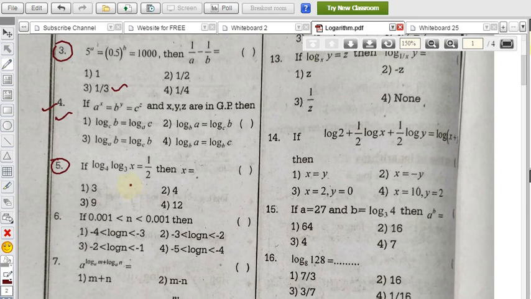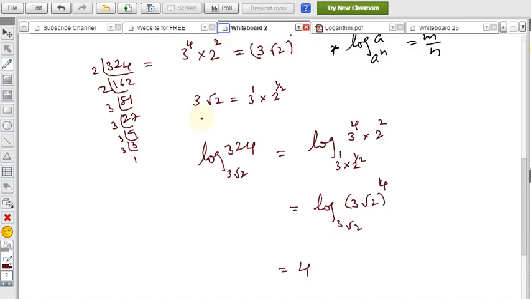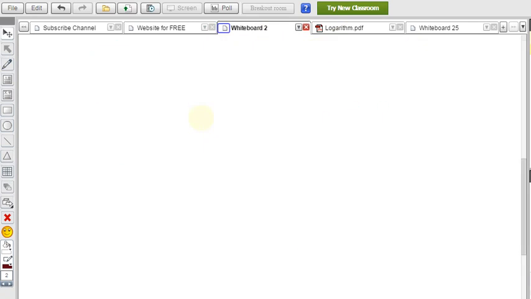If log 4 of log x to the base 3 is equals to 1 by 2, then x is equal to dash. Fifth one. So let me write the question first: log of log x to the base 3 to the base 4 is equals to 1 by 2.